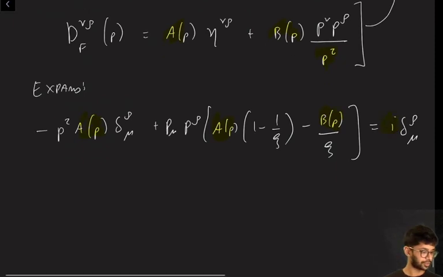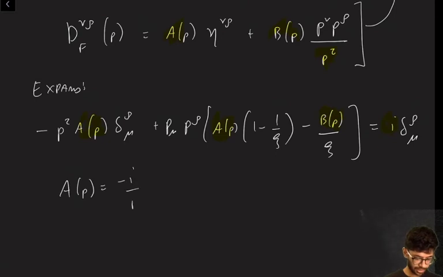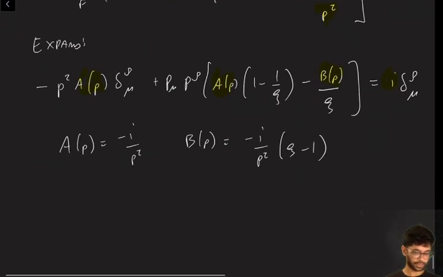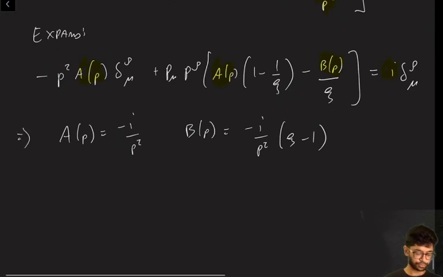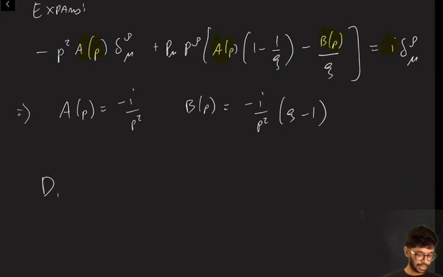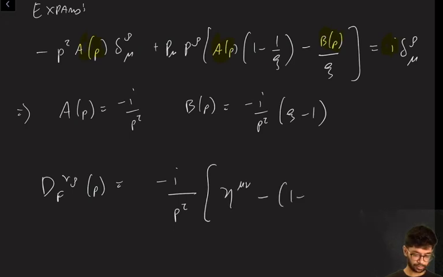If you go through that little exercise, what you find is that A(p) equals minus i over p², and B(p) equals minus i over p² times (ζ minus 1). I'll leave you to go through that algebra yourself. The upshot is that the propagator for the photon is finally minus i over p², [η_μν minus (1 minus ζ) p_μ p_ν over p²].